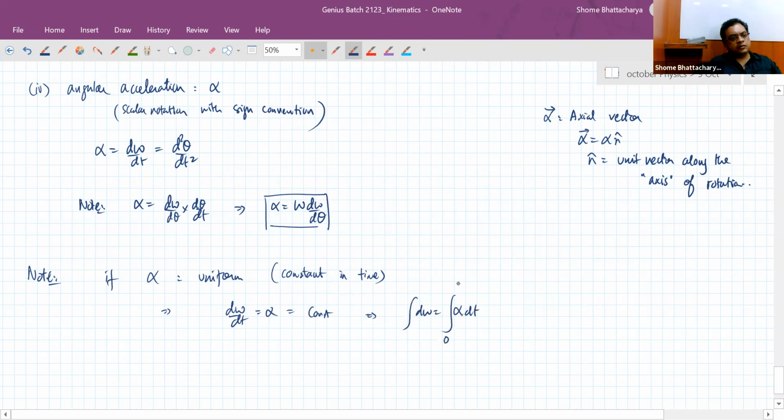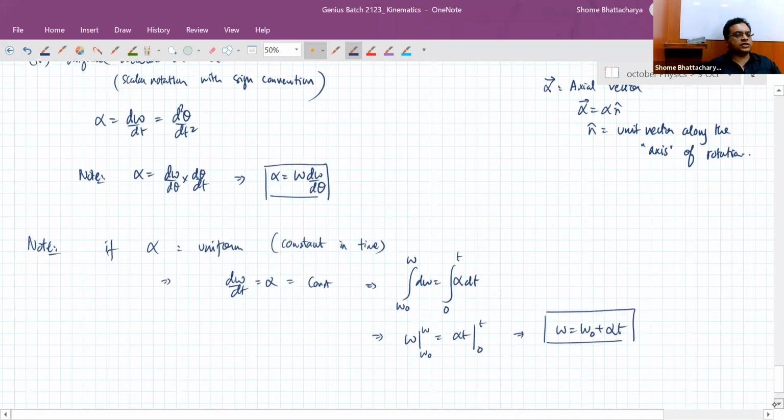Let's say initially the angular velocity was omega naught. So we get the relation, analogous to 1D motion with uniform acceleration, where we have v equals u plus at.